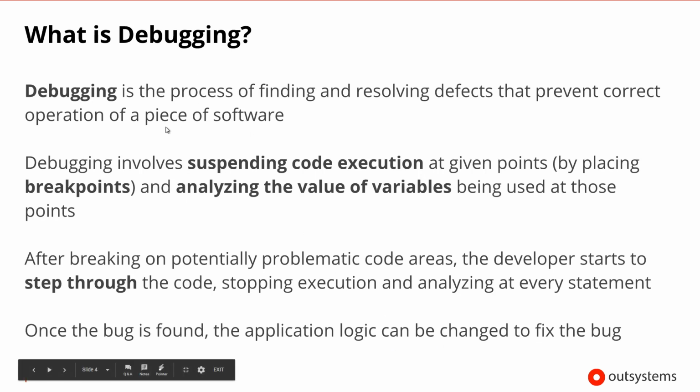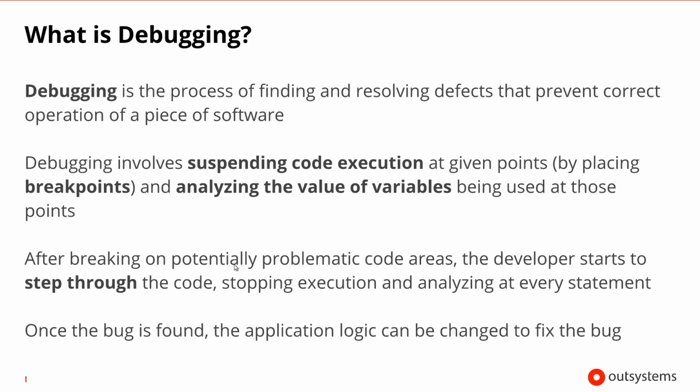What is debugging? It's the process of finding and resolving whatever types of errors and defects might be in some piece of code or software that we're looking at. Typically, debugging will allow us to suspend code execution at a given point, and those points are usually referred to as breakpoints. And when we're at a breakpoint, we can analyze the value of the different variables that are available at that particular point.